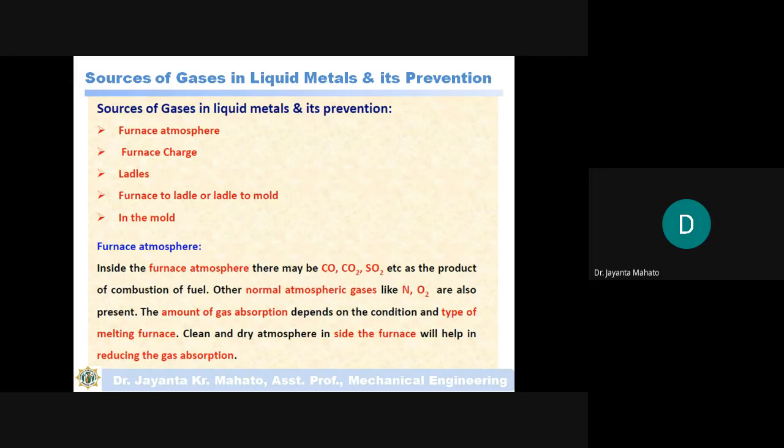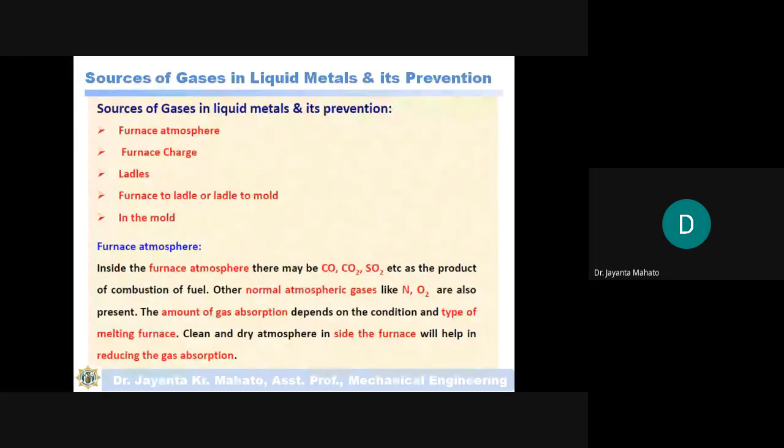So cleaning of the furnace is important. If the interior surface of the furnace is cleaned, then those gases can be reduced from the molten material.